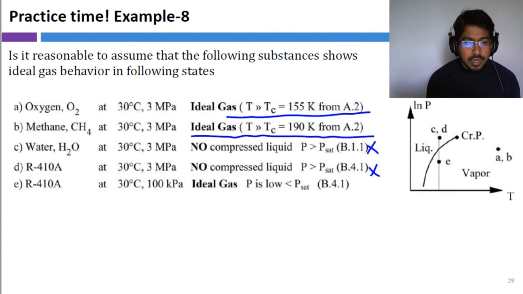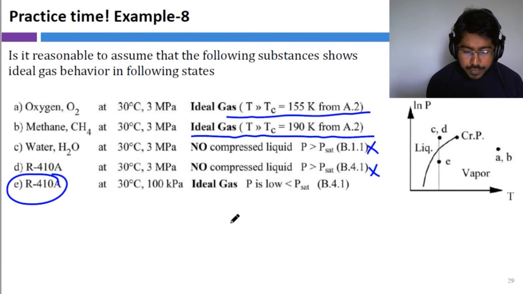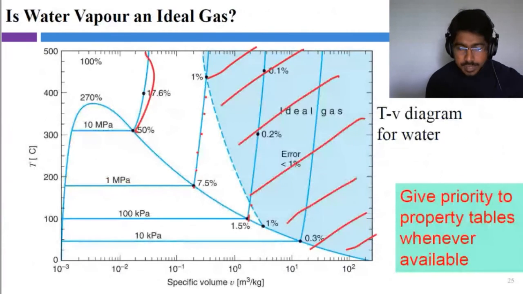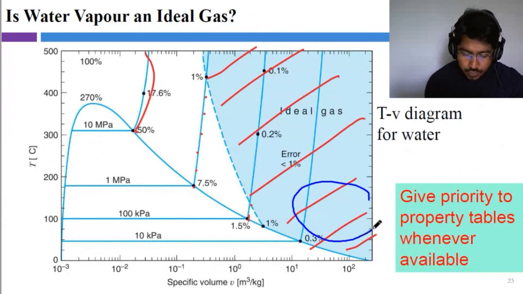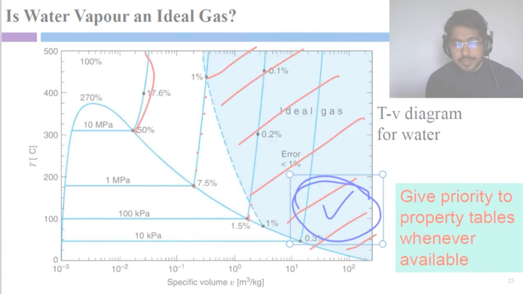And then again, R410A, when we have a very low pressure compared to saturation pressure, that is somewhat similar to what we had here, right? When we have low pressures compared to saturation pressure, in this case, we can use ideal gas equation.